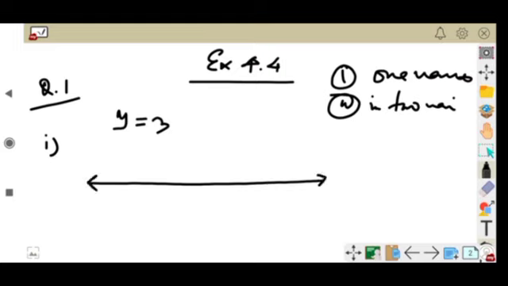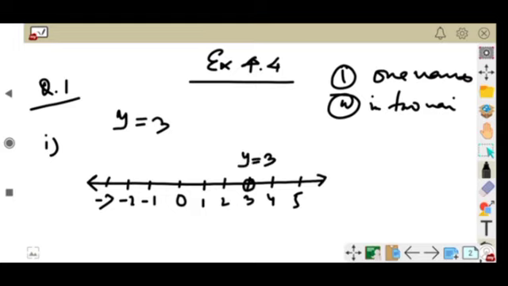I'll write here 0, then 1, 2, 3, 4, 5, and -1, -2, -3. I have labeled the numbers. Y is 3, which means positive 3. This is y equal to 3. For the second question in two variables, let's move to the graph paper.